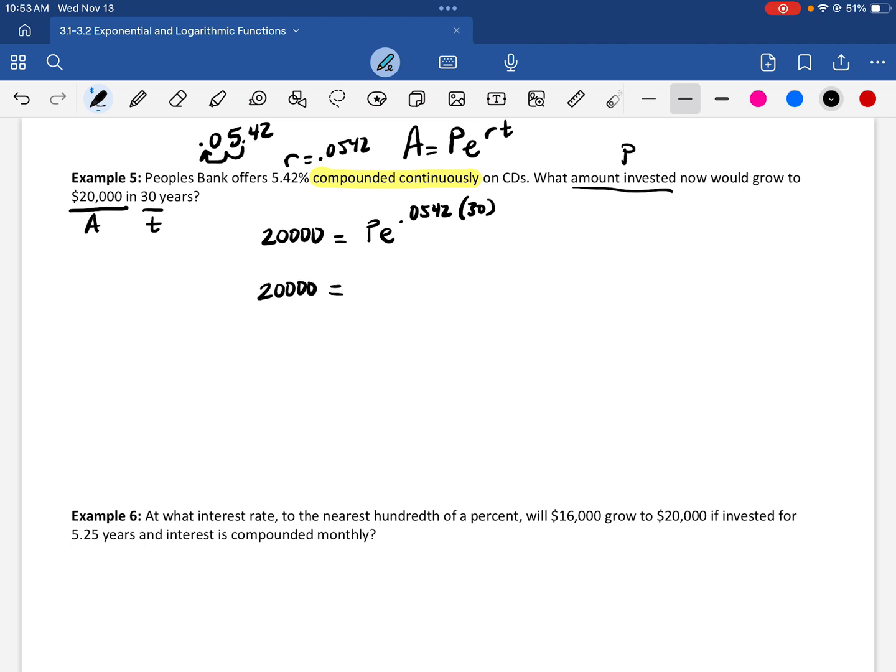Start solving for that P. I'm going to start out by multiplying 0.0542 times 30. And I got 1.626. Now we want that P by itself. So I want to get rid of the E that is raised to that 1.626. So it's P times that. So if I want to do the opposite and get rid of it, I'm going to divide both sides by E to the 1.626.